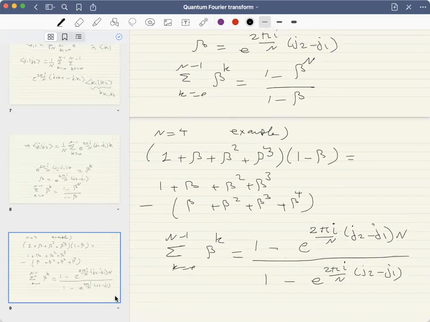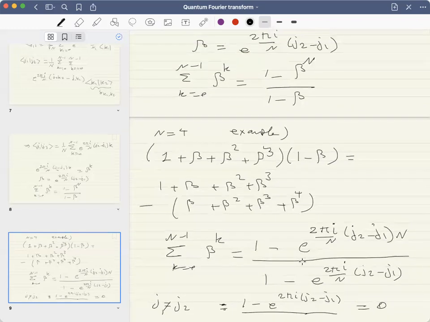So if j1 is not equal to j2, then in the numerator, I get 1 minus e to the 2 pi i (j2 minus j1). So some integer factor of 2 pi, and that's 1. So this is 0. So the numerator is 0, and then it's divided by the denominator.